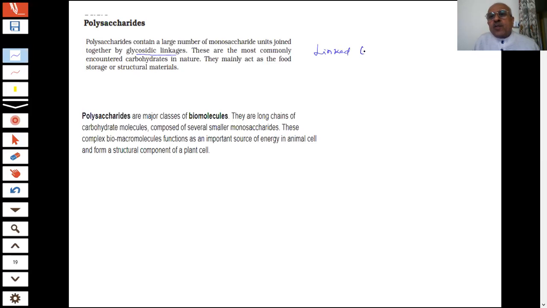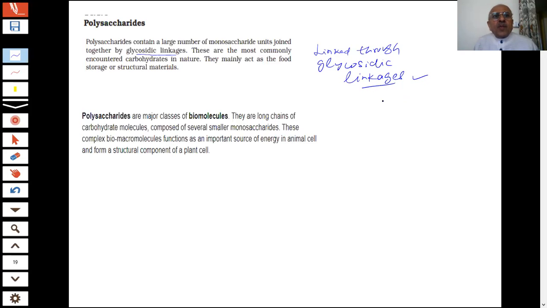Monosaccharides are linked through glycosidic linkages. What is a glycosidic linkage? The OH group of one monosaccharide and the OH group of another lose a water molecule and form an oxide bond, and that is what we call glycosidic linkage.